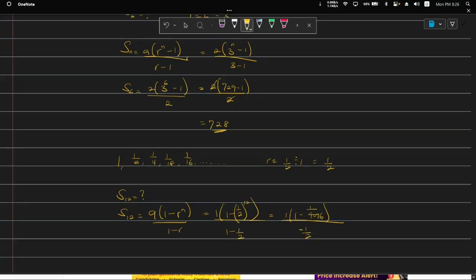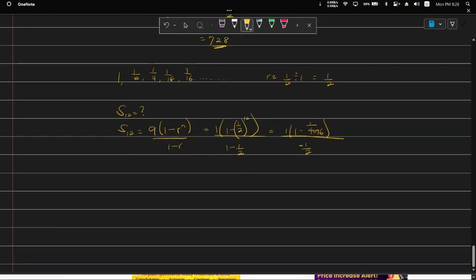We have this become 1 into bracket 1 minus 1 over 4096. So I'm going to be doing 4096 minus 1 if both of the LCMs are the same thing. But if you don't understand what we did, just do LCM. What's the LCM of 1 and 4096? The LCM of 1 and 4096 is 4096.